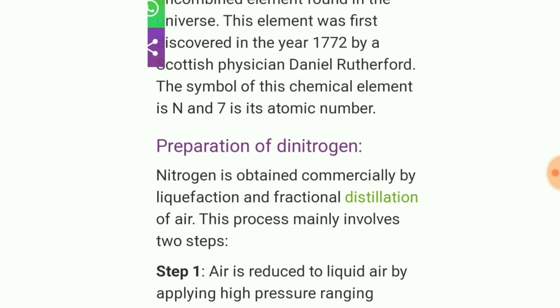Now, preparation of dinitrogen. Nitrogen is obtained commercially by liquefaction and fractional distillation of air. The process usually involves two steps.